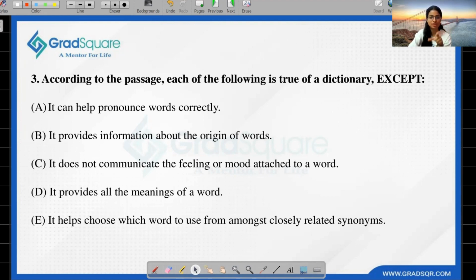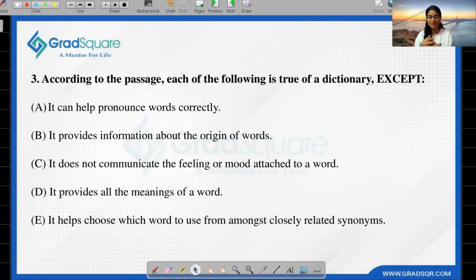Let's move on to the last option choice: it helps choose which word to use from amongst closely related synonyms. In the third paragraph, the author states the dictionary is of little use in deciding, out of two close synonyms, which one conveys feelings and mood effectively.